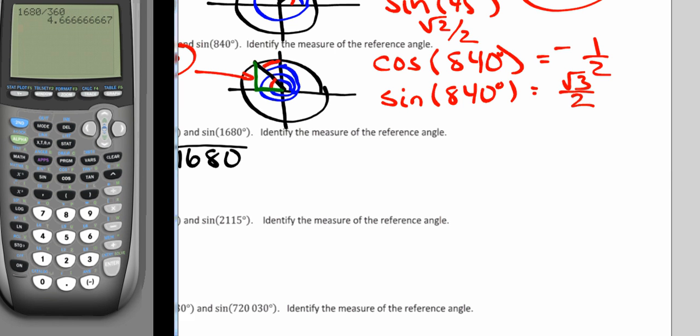So I want to take this 2/3 and multiply by 360, right? Minus 4, and then times 360.